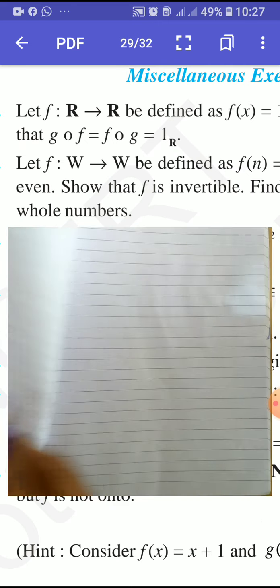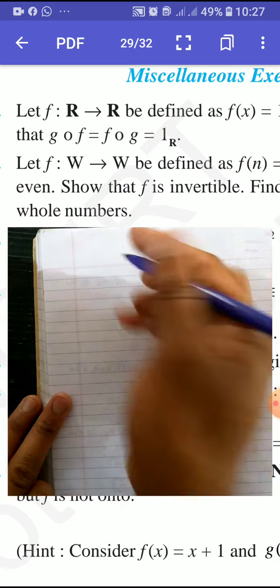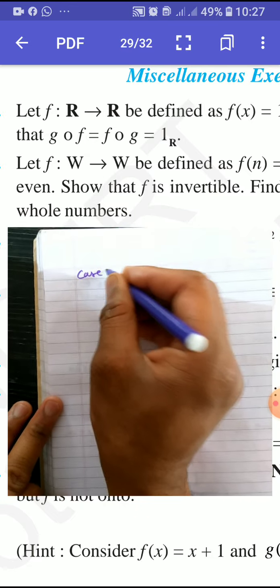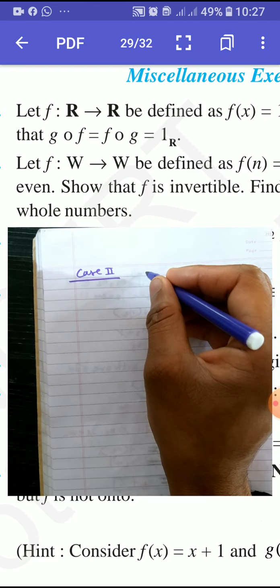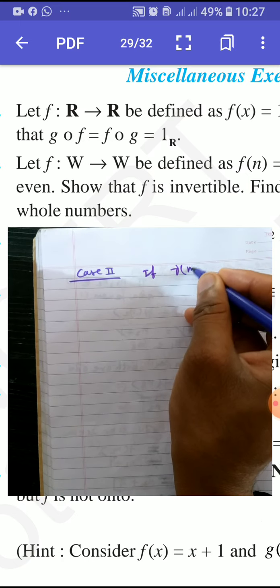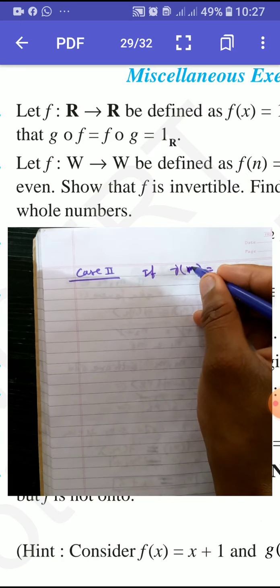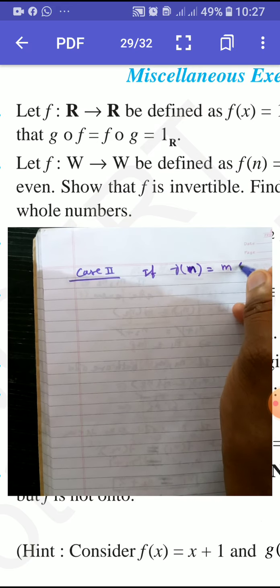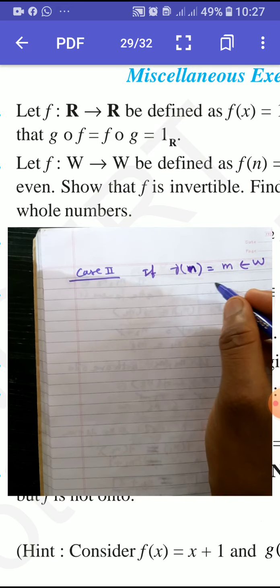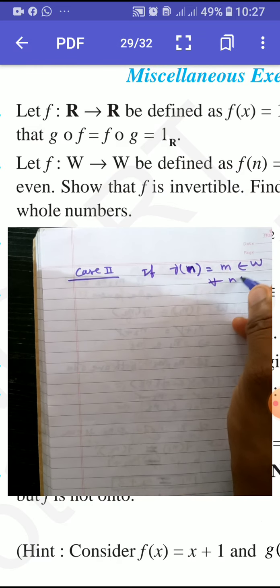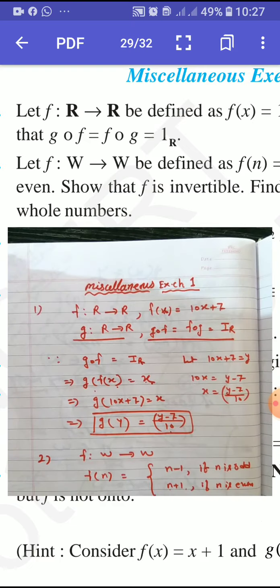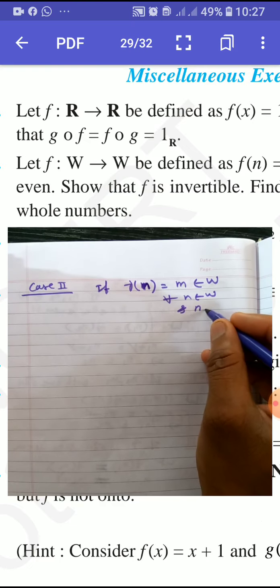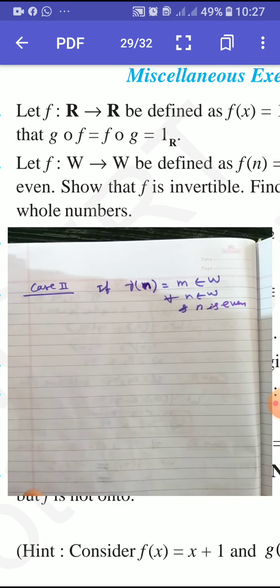Now come to the case number second. Case second. If fn equal to m belong to whole number and for every n belong to whole number and n is, here it was n is odd and now n is even, right?